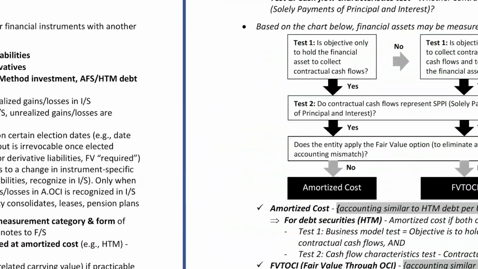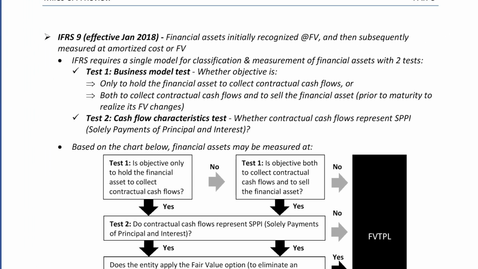Move to page 13, where we are looking at accounting for financial assets under IFRS. Now, IFRS requires a single model for the classification and measurement of financial assets with two tests.